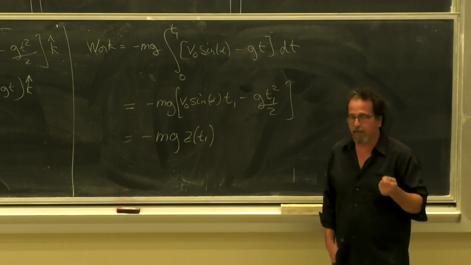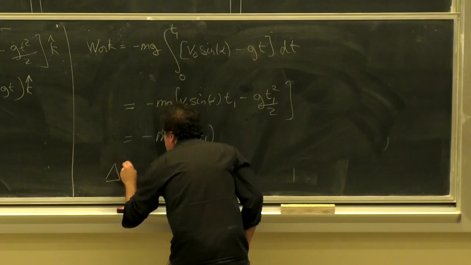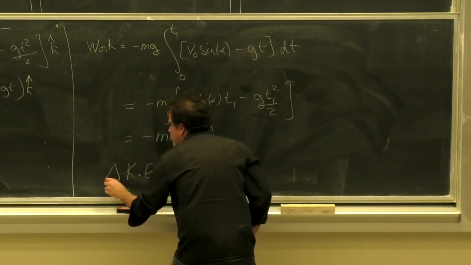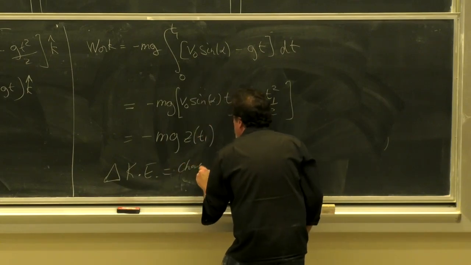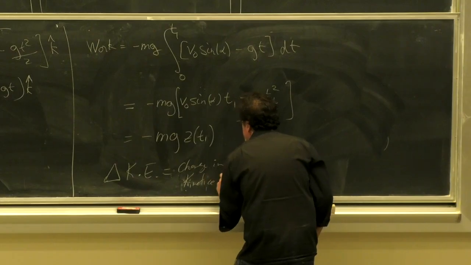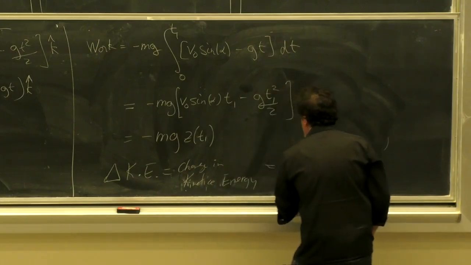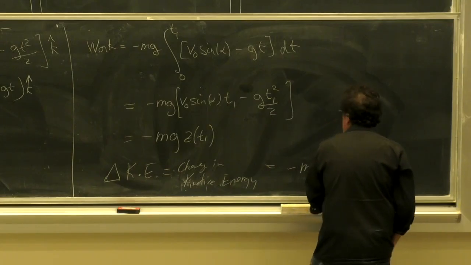Which tells you something. So let's just say delta KE is the change in kinetic energy. For this simple classical problem, that's equal to negative mg z of t.